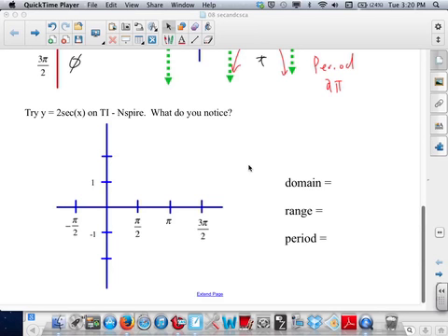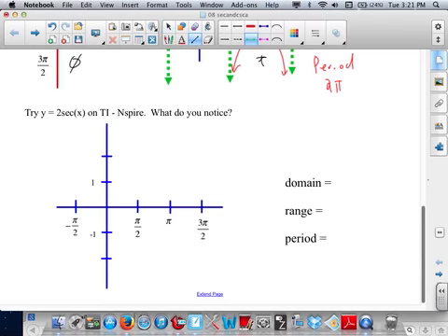Okay, first one I want to try is 2 secant of x. Now, a 2 spreads it out like it did for sine and cosine and tangent and cotangent. But the kind of weird thing about this is, how does it spread it out when we have this bunch of parabolas? Well, here are our normal x values for secant.